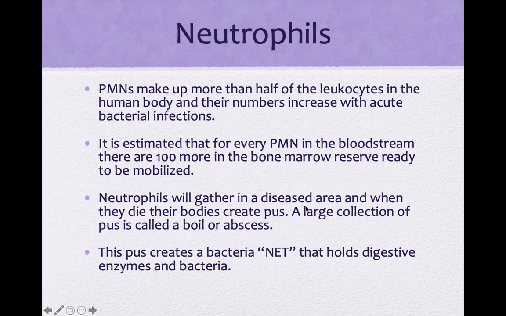When they use their granules up, they're going to die. And when they die, their little bodies stick together in a goopy mass of proteins and dead cells and bacterial remains and cell remains, all kinds of nastiness. It's going to pile up on top of itself and create something called pus.